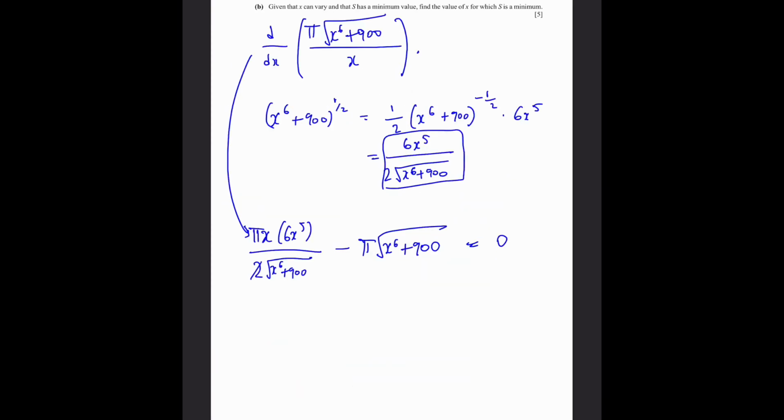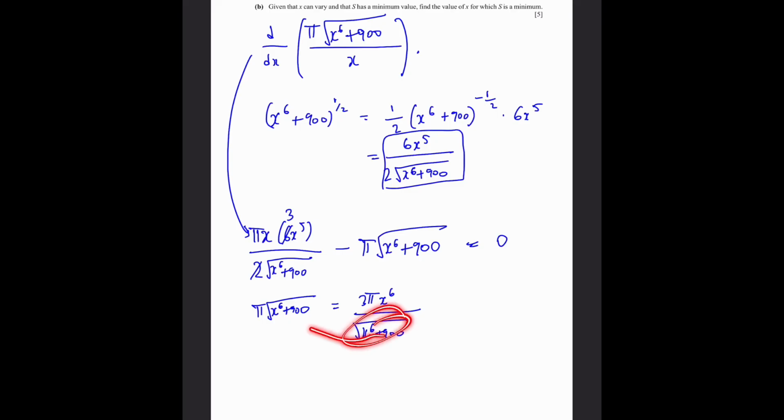Well, you can cancel this 2 and this 6, which becomes a 3 now. And then you can bring this pi root x to the power of 6 plus 900 to the other side. So pi root of x to the power of 6 plus 900 is equal to 3 pi x to the power of 6, which is the numerator here, divided by root of x to the power of 6 plus 900.